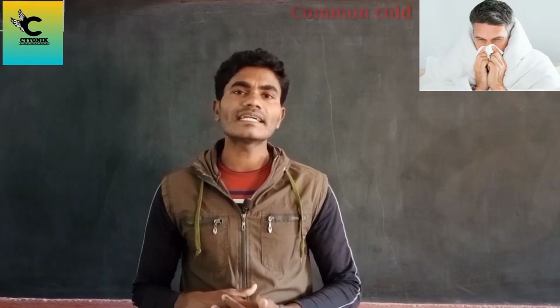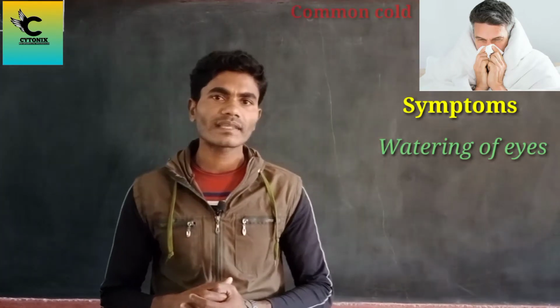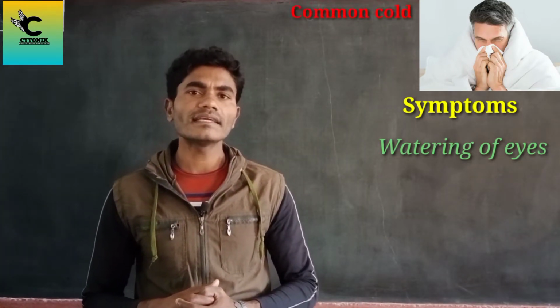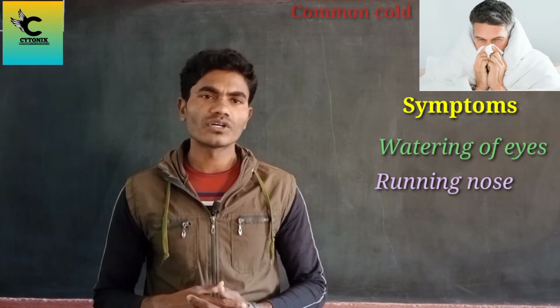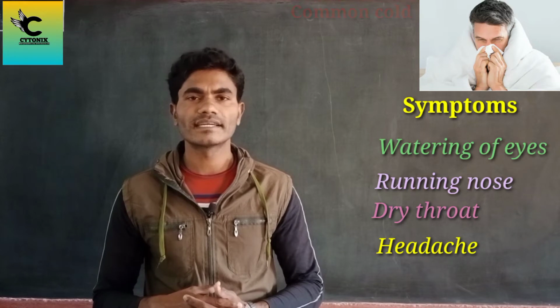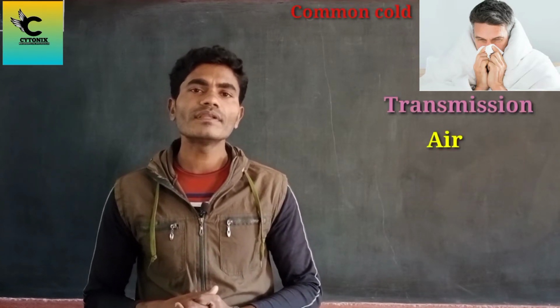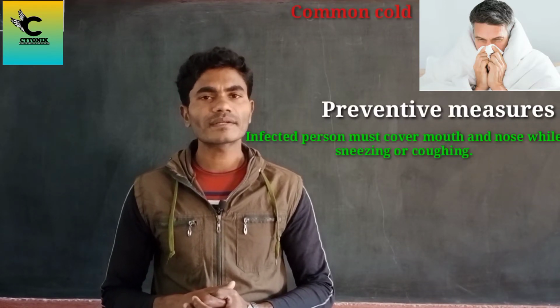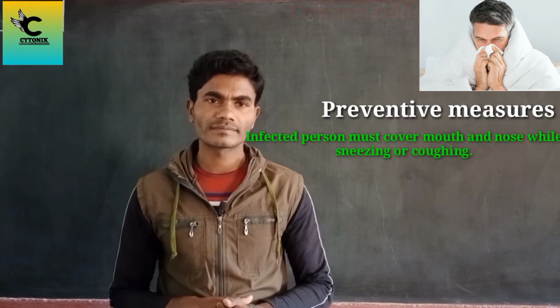The symptoms are watering of the eye. You can see the person is affected by a cold: his eye is watering, running nose, and he is feeling discomfort and headaches. Then for the mode of transmission and prevention, the infected person must cover the mouth while sneezing or coughing.